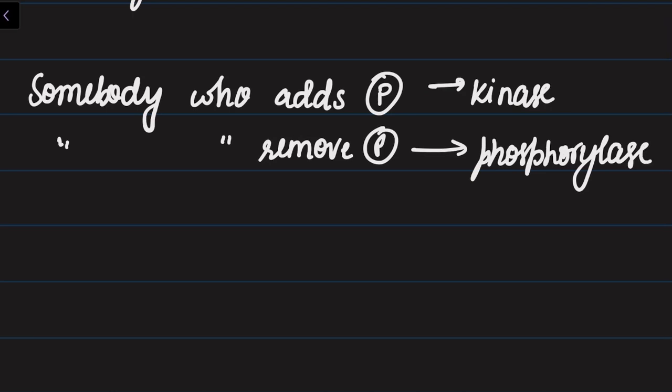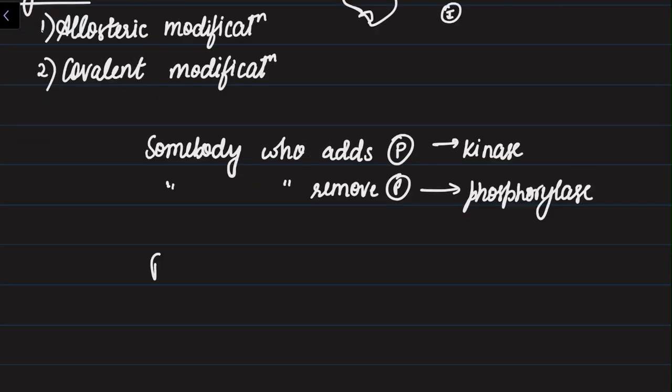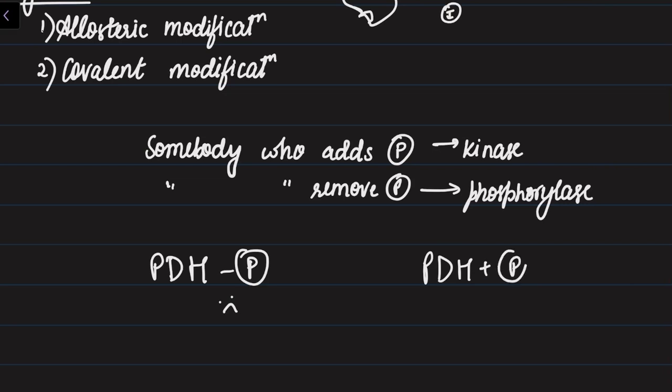Now, most enzymes are active in the dephosphorylated form, which means pyruvate dehydrogenase with phosphate is SAD, but pyruvate dehydrogenase without phosphate is happy. That's all.